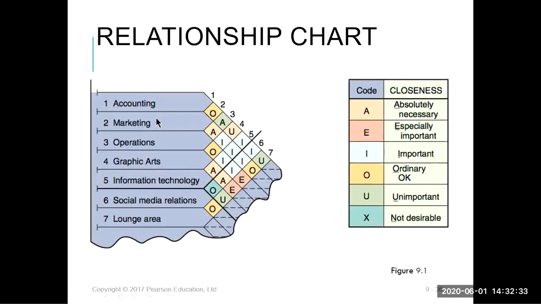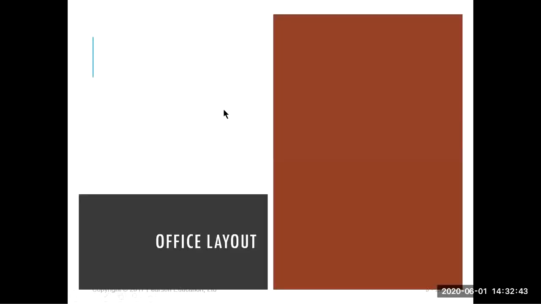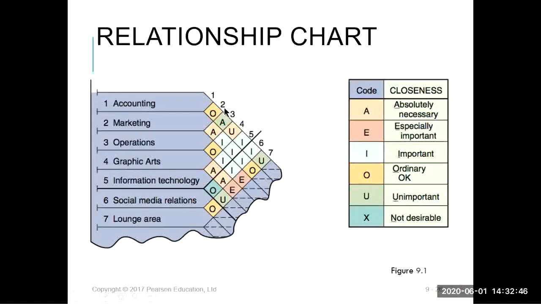Alright, so now we identify. You can see accounting and operation: absolutely necessary, A here. And also marketing and operation are absolutely necessary, really important. It means that operation has frequent interaction with marketing and accounting.